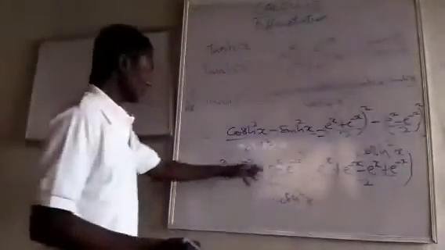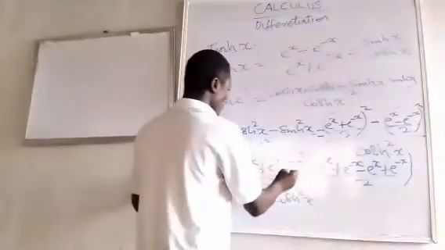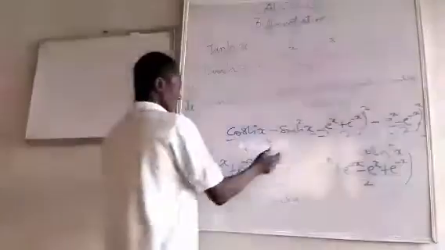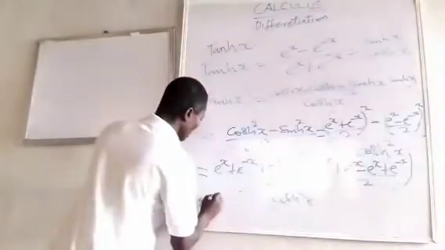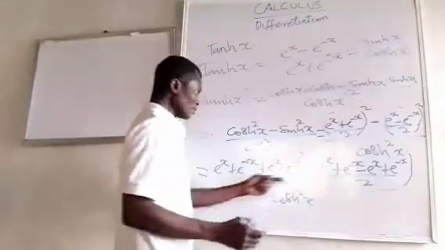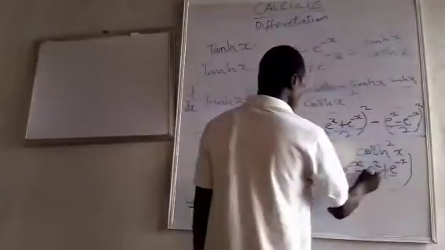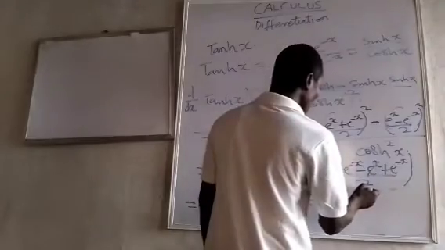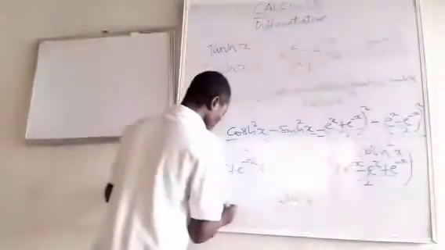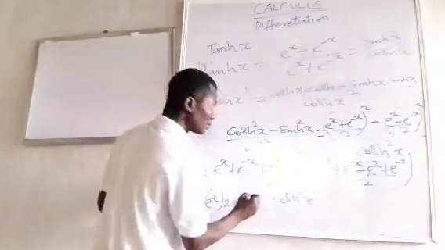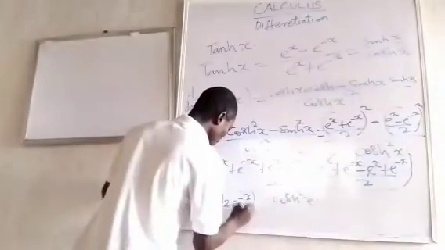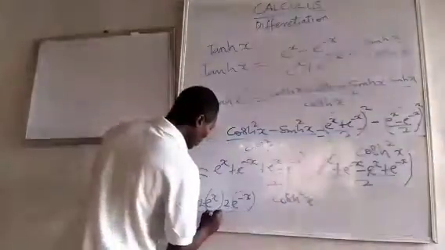The terms cancel out and I'm going to have 2e raised to the power x into 2e raised to the power minus x, over 4.